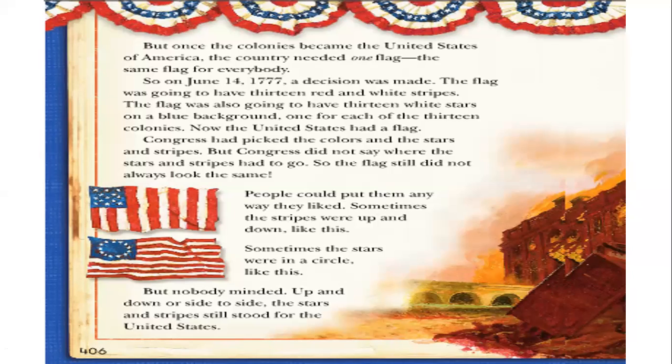Here, the first one, people could put them any way they liked. Sometimes the stripes were up and down, like this picture. In the other picture, sometimes the stars were in a circle, like this picture. Okay, so people could put them any way they liked.